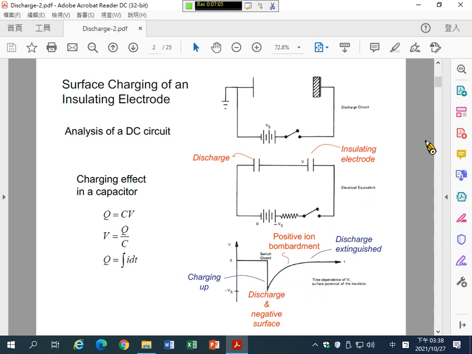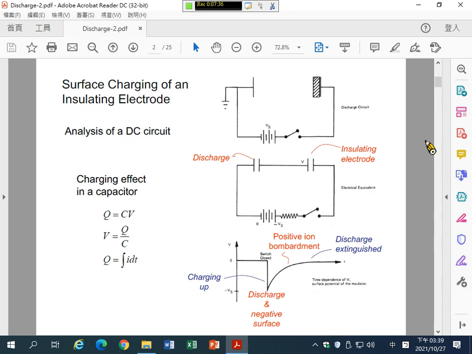And then after you switch on the circuit, the right side of the electrode will start charging up. In this figure, the back side is the metallic electrode, and the front side, this black part with a shadow, is a piece of insulator.